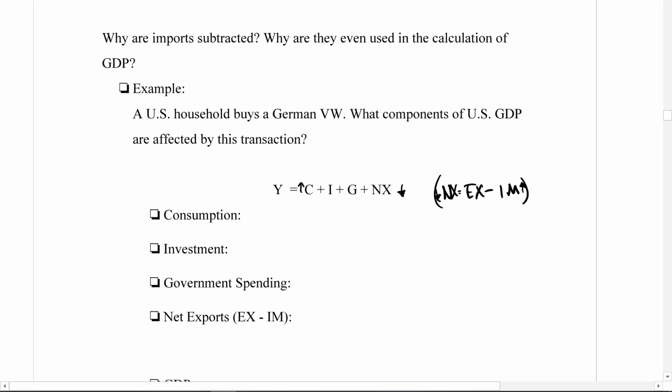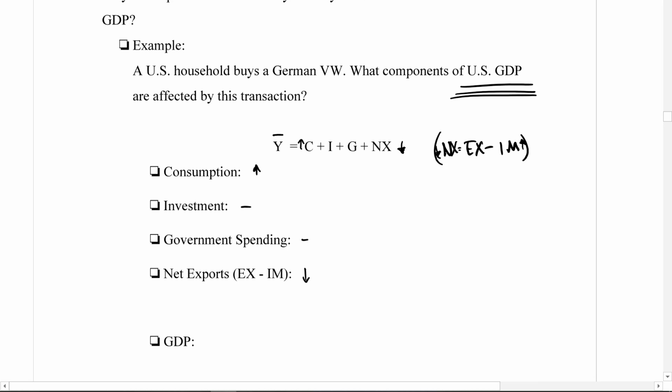So net exports goes down, consumption goes up, so GDP remains unchanged. Consumption goes up, no change in investment or government spending, but net exports went down. So the overall effect on American GDP, so again, keep that in mind, we're talking about US GDP, is fixed, or that's what I have this Y bar for, no change.